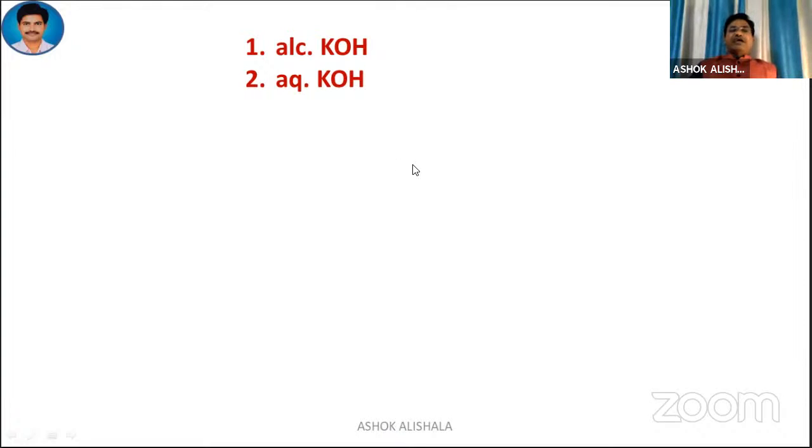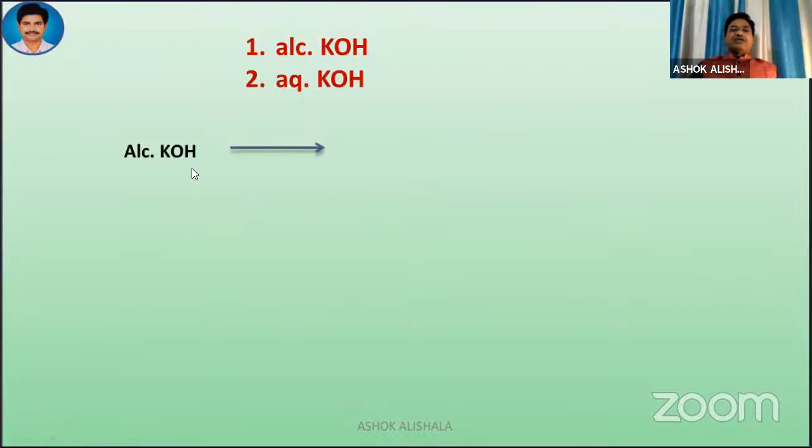What is the action of these two? The action is that when you take alcoholic KOH, elimination takes place. That is, when you use alcoholic KOH with haloalkanes or haloarenes, we observe elimination. What happens here?